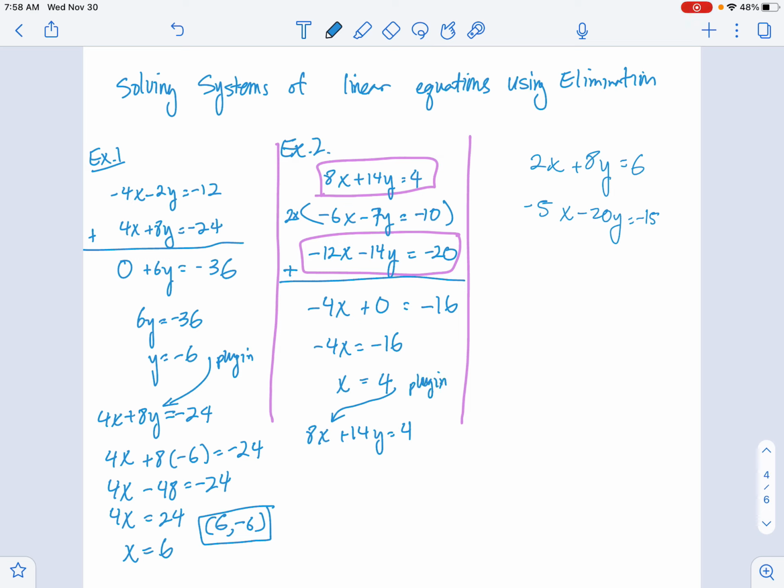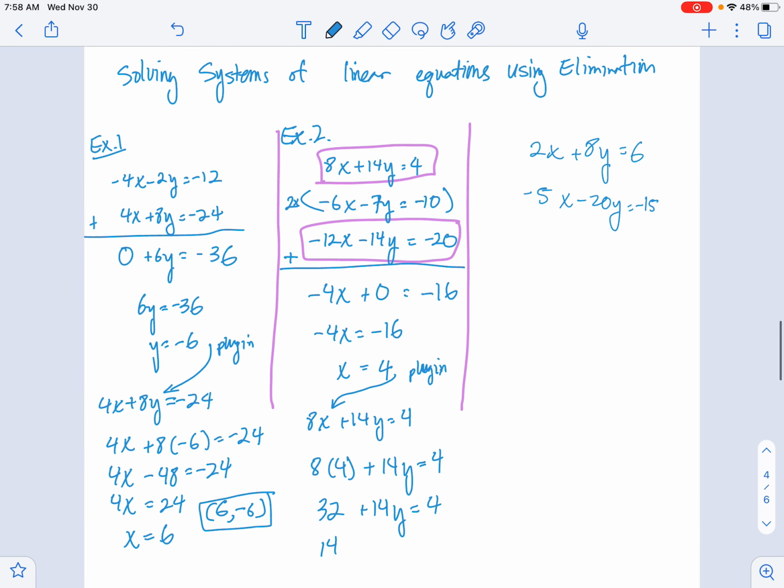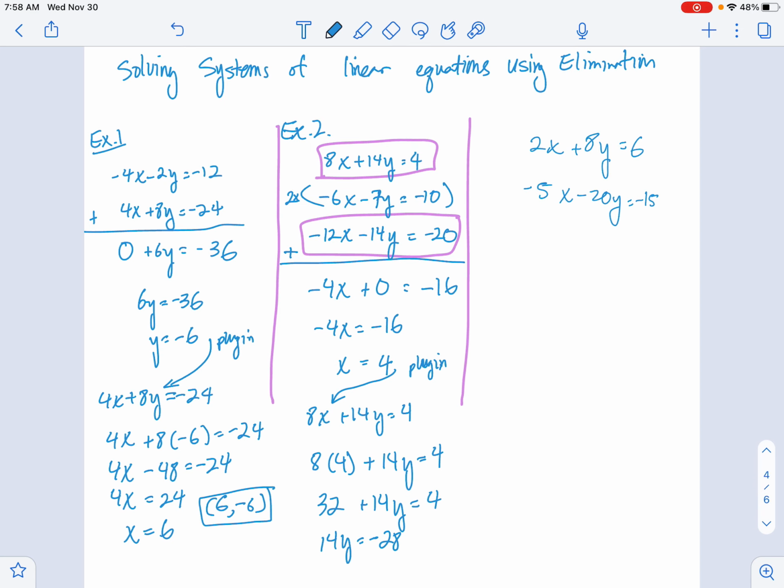Okay, so the new equation would be 8 times 4 plus 14y equals 4. And I'm going to solve for y. 32 plus 14y equals 4. 14y equals -28 because I subtracted 32 from both sides.